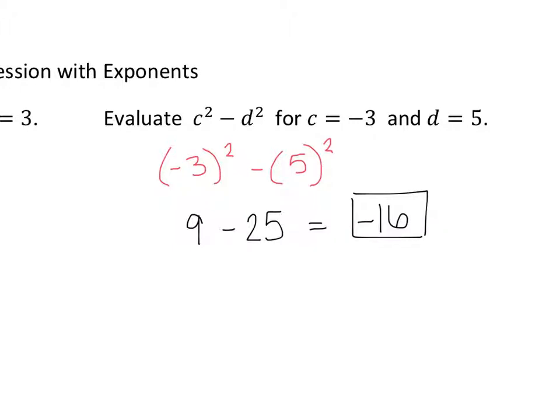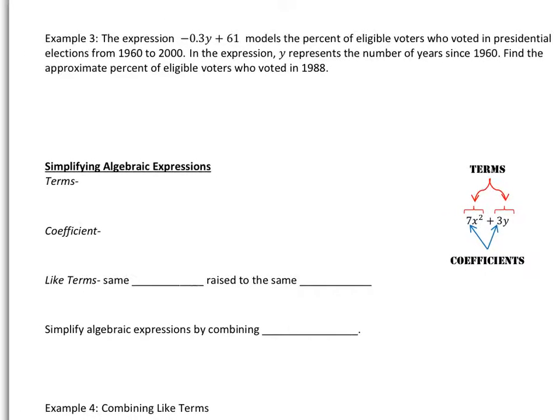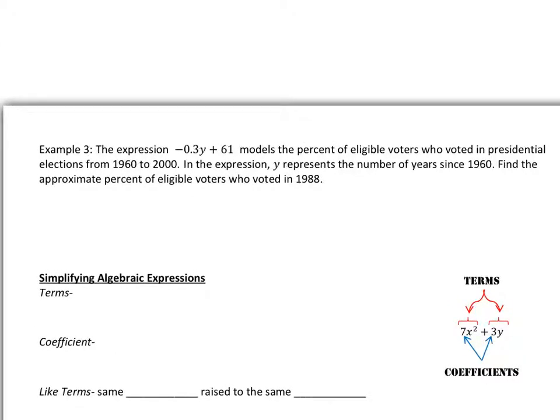Let's move on to the next. And we have a word problem. Yay, it's everybody's favorite. No, that's like the worst thing ever. Okay, the expression negative 0.3y plus 61. That's very mathy, so I think that's important. Models the percent of eligible voters who voted in presidential elections from 1960 to 2000.